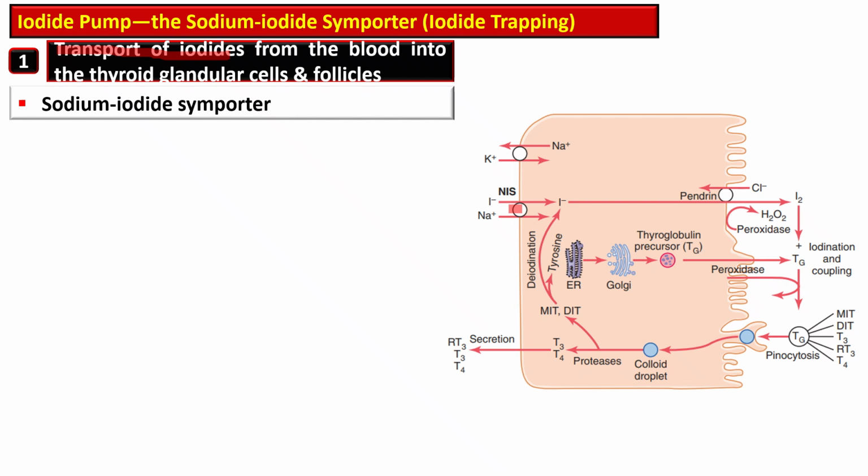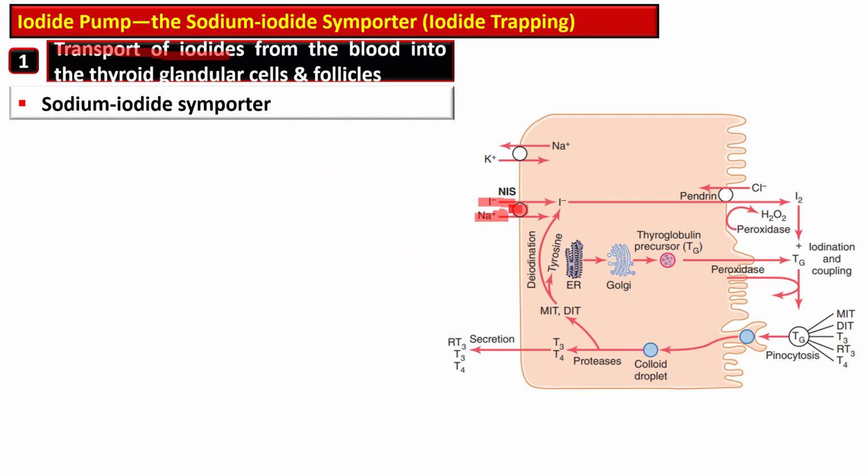This co-transport works so that two sodium ions go along with one iodide ion into the cell.